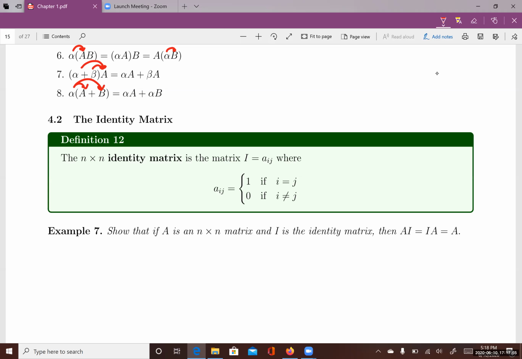For example, if I have an identity matrix A, let's say a 3 by 3 matrix, so you're going to have 3 columns and 3 rows here. A is an identity matrix if A11 is 1, A22 is 1, and A33 is 1, and everything else should be 0.